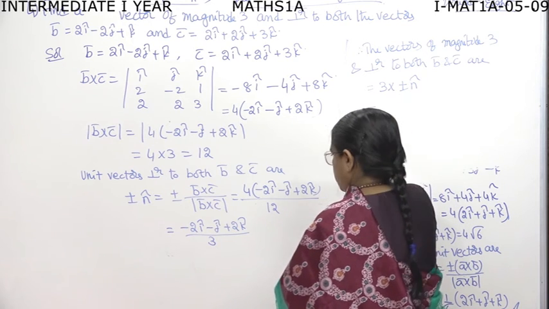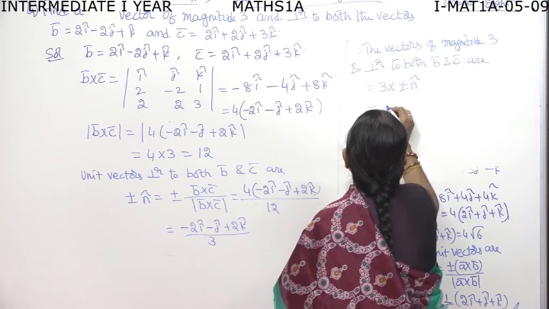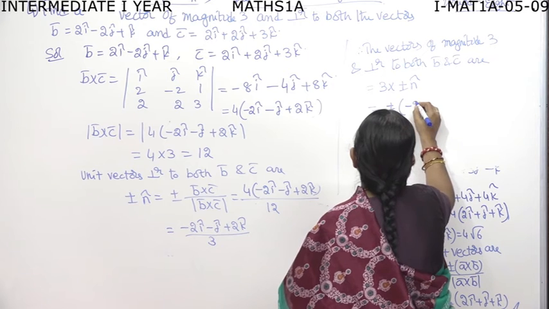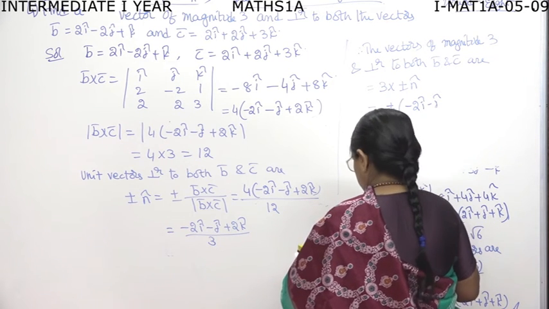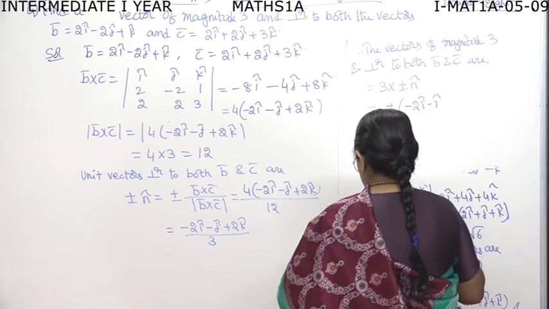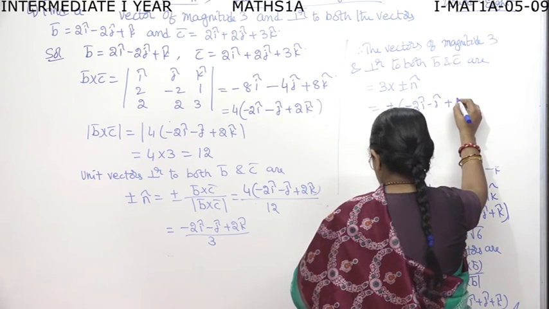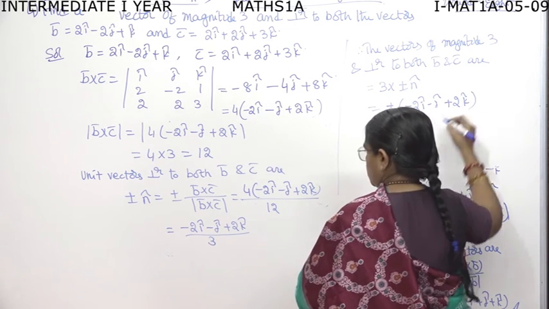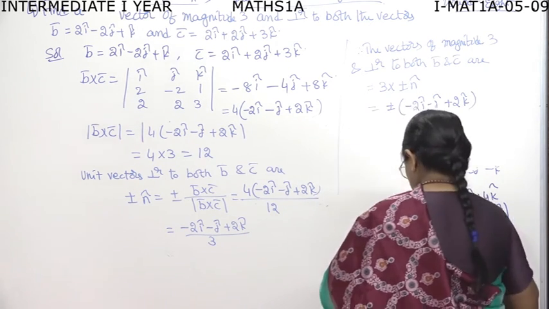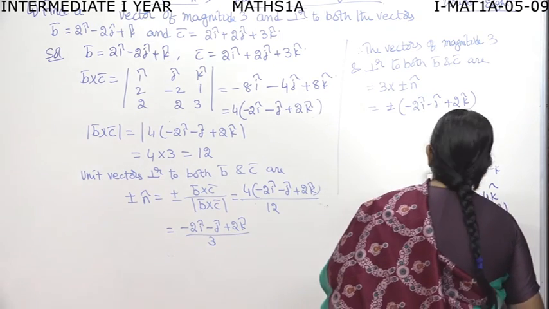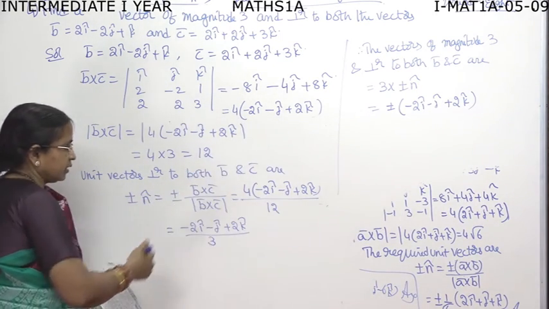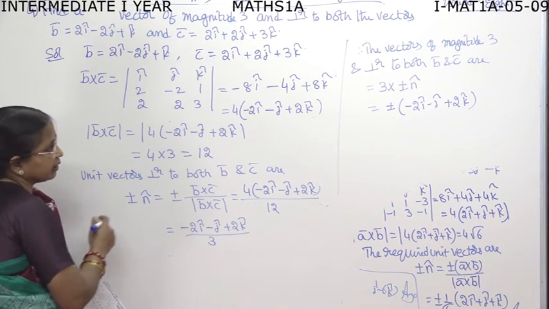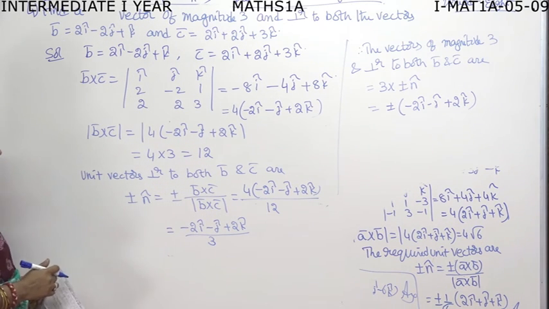So that means when you multiply this by 3, you will get plus or minus of minus 2i minus j plus 2k like this. So one is with plus and another one is with minus, like this you will get. So this is the answer.